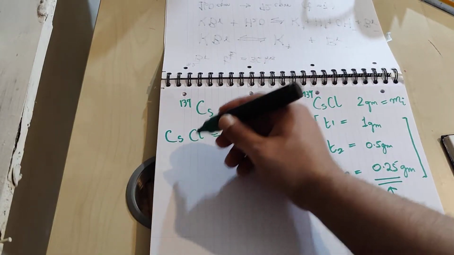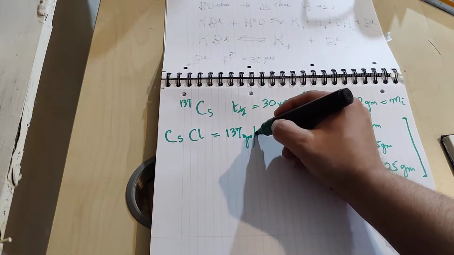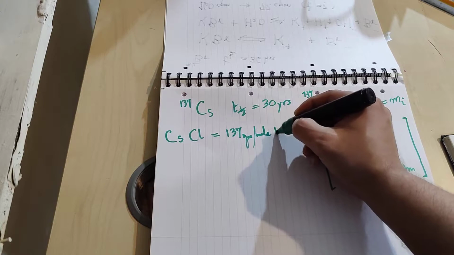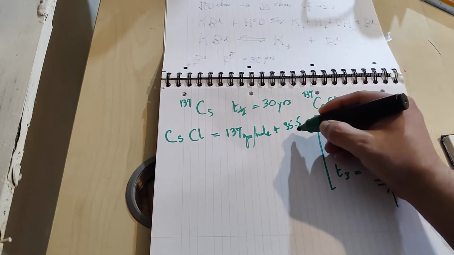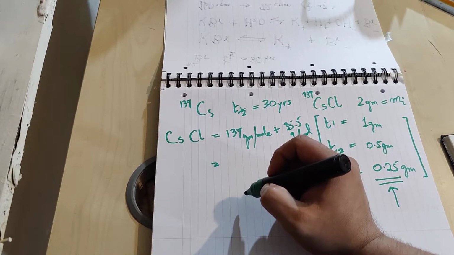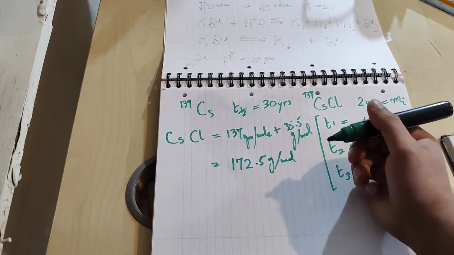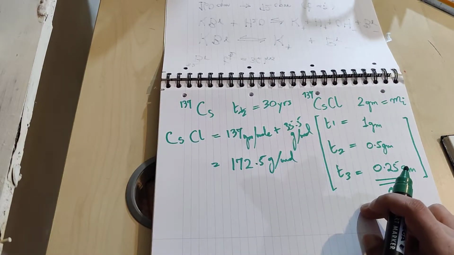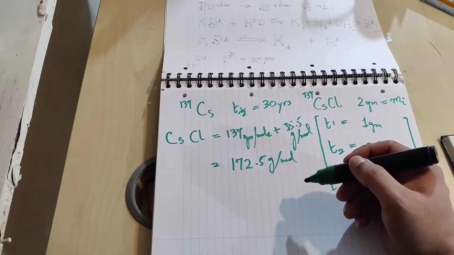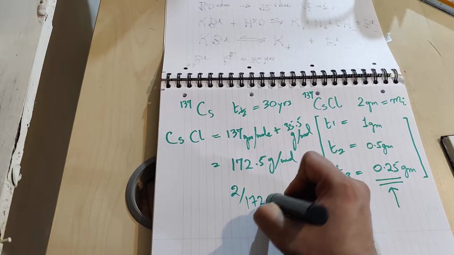It's 2 grams of cesium chloride, which is 137 grams per mole plus 35.5 grams per mole, that's 172.5 grams per mole. Yes, and you're taking 2 grams of it, so that would be 2 divided by 172.5.